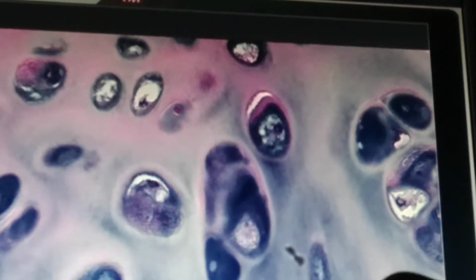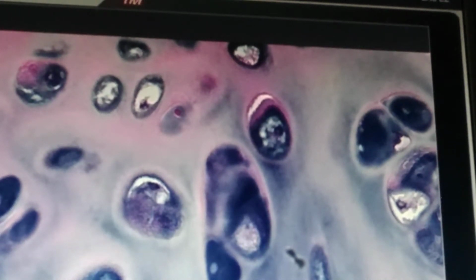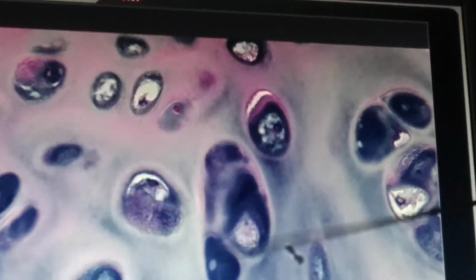This is a layer of the hyaline cartilage, with very beautiful chondrocytes in the lacunae, scattered here, and this is the cartilage of the tracheal wall. If you look at the chondrocytes, the more we go up towards the submucosa, the flatter and thinner they become, and these are known as the perichondrium.